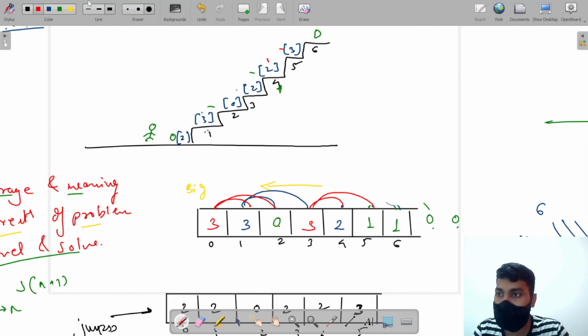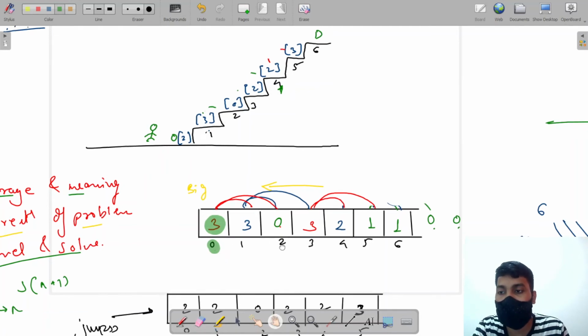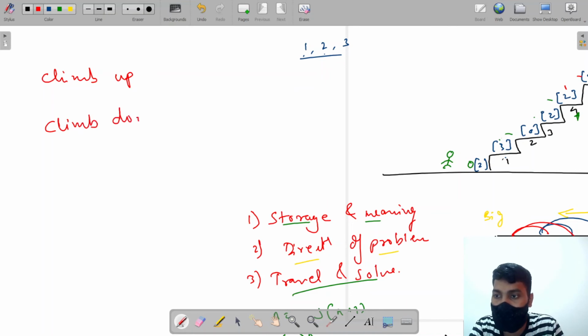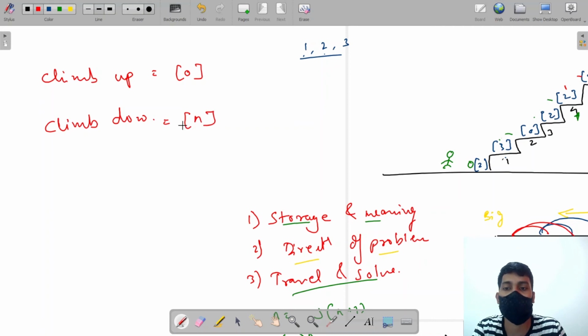The answer will be stored at this position, that is the 0th index. We have discussed the same thing: if we talk about the problem of climb up and the problem of climb down, for climb up the answer will be stored at the 0th index, and for climb down the answer will be stored at the nth index.